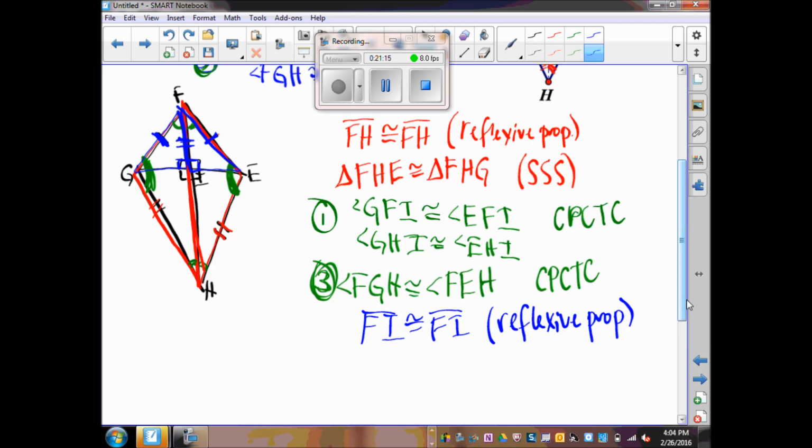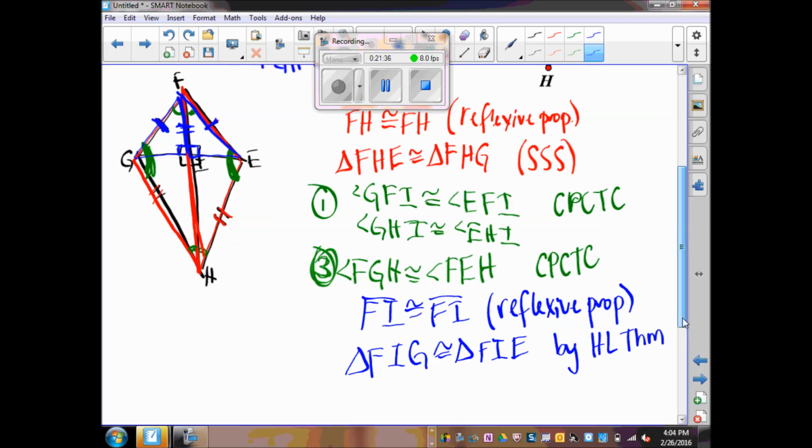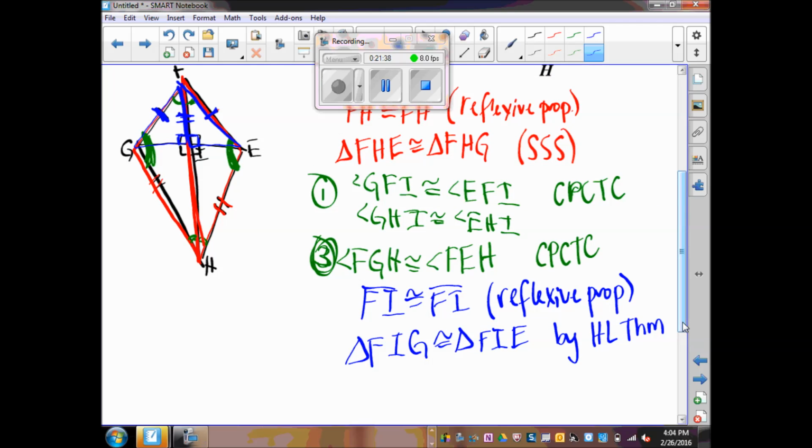And that allows us to state that triangle FIG is congruent to triangle FIE. And we used here the HL, hypotenuse leg. So from there we can now state by CPCTC that GI is congruent to IE.